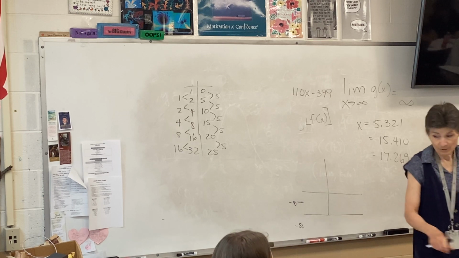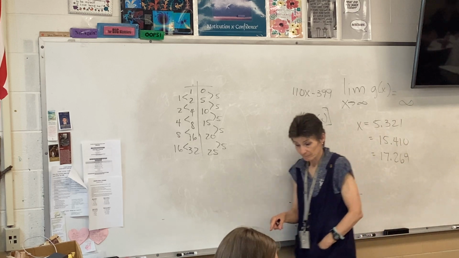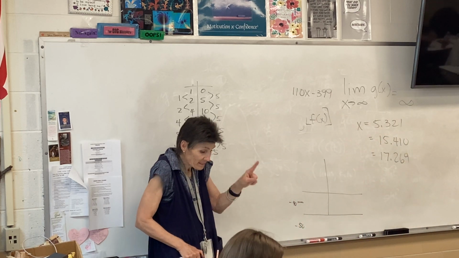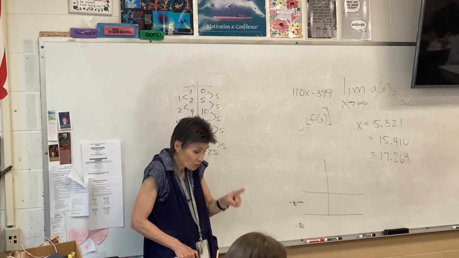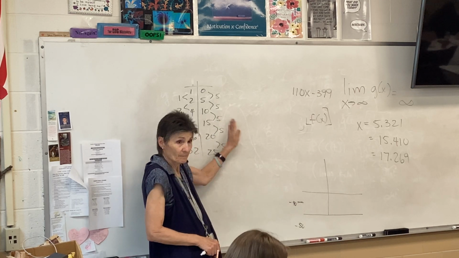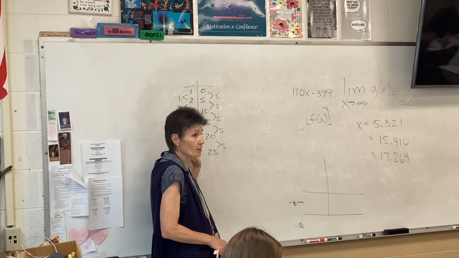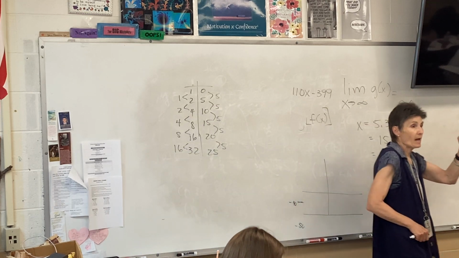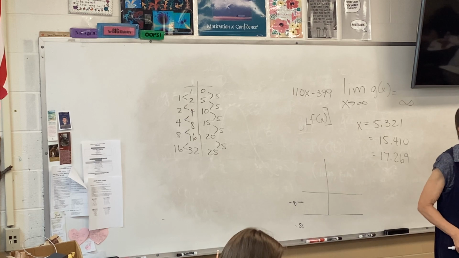Right? You need to explain it. C II says give a reason based on the relationship between the change in the outputs and the change in the inputs. Inputs are changing proportionally, outputs are changing linearly.